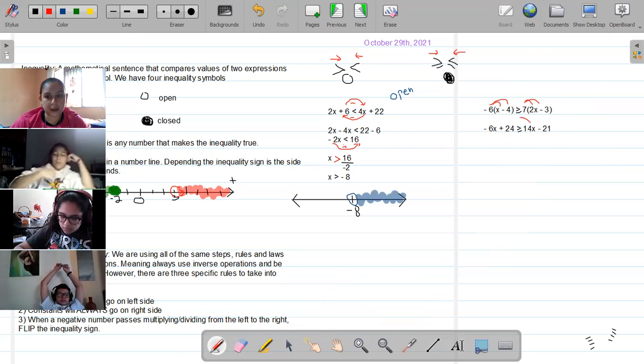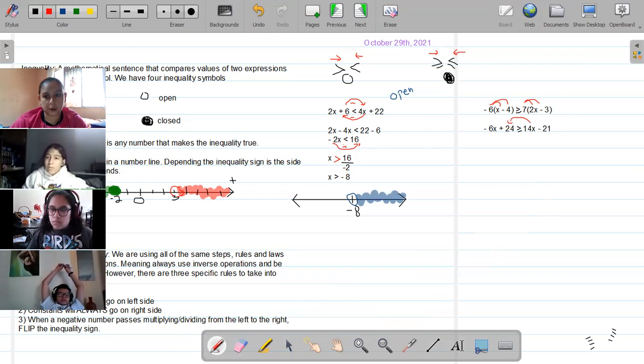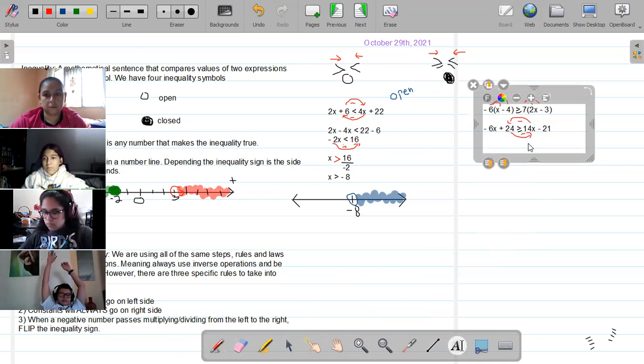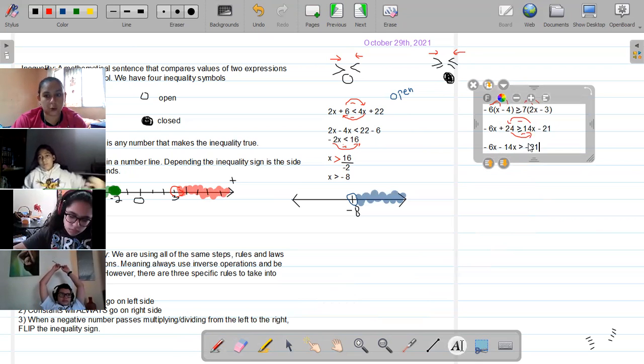We're moving the 14x to the left. It was positive, so it goes negative. And the 24, which was positive, also goes negative. So we're going to have -6x minus 14x is greater than or equal to -21 minus 24.